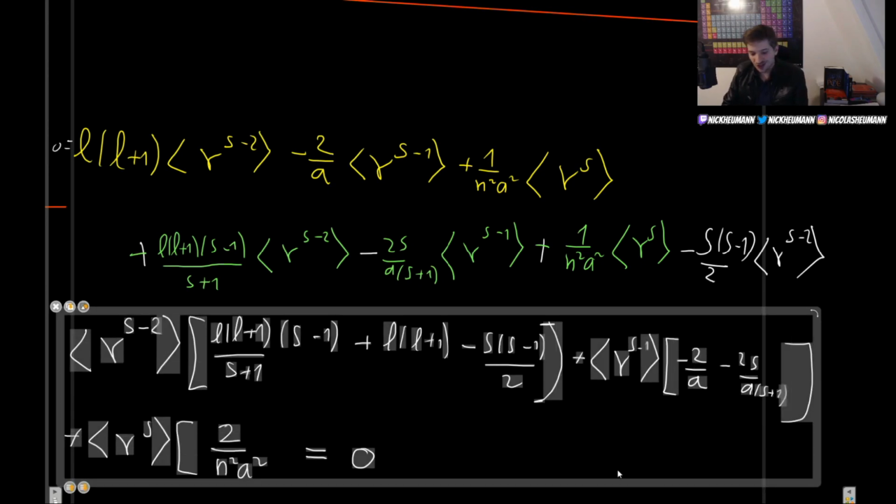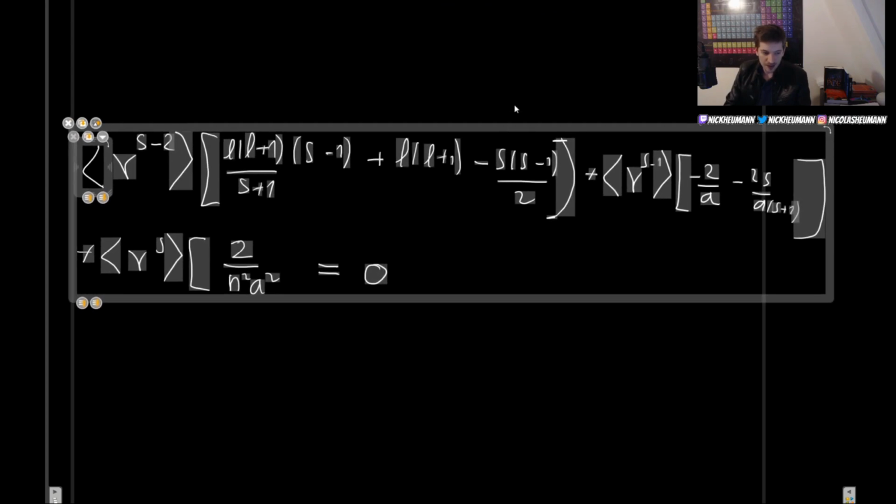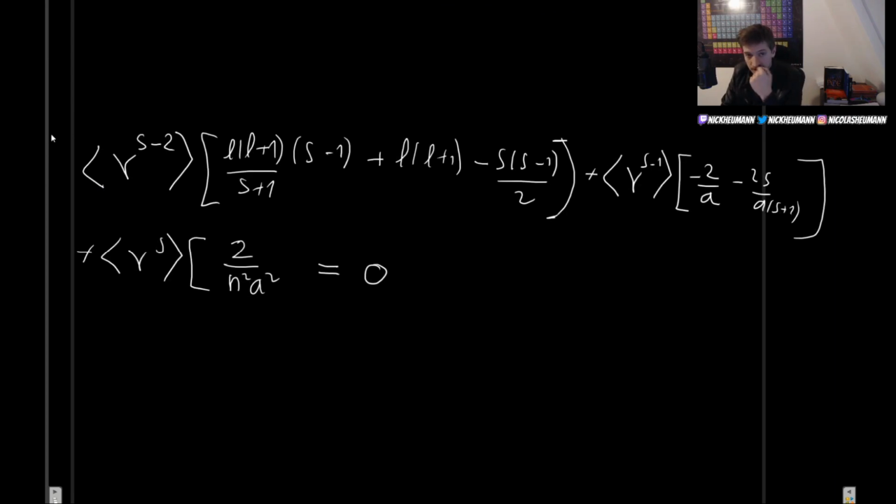Great. So let's now move ahead and see what we can find. Okay, great. Well, now we can do some simplifications, but the thing is, we have in the denominators all of these s plus 1 and this 2. So maybe let's multiply all of this by s plus 1 and by 2. So if we do that, we're going to get a few different things.